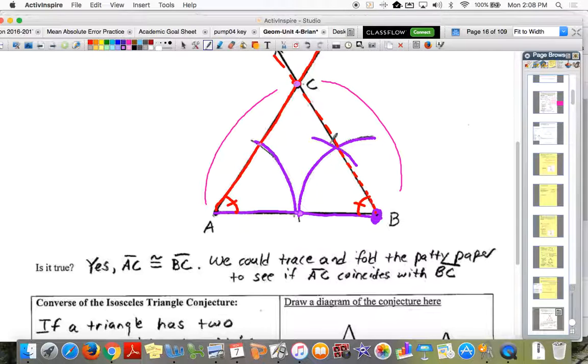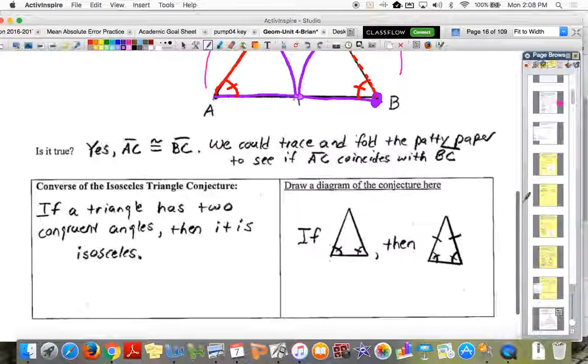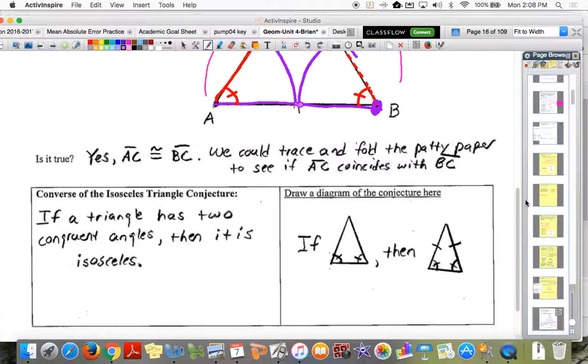All right. So we showed that in a couple different ways. Down here in the key I talked about how you could also use patty paper to show this as well. I think the construction with our compass works out pretty well. And so we're then going to state our third property for today, which is called the converse of the isosceles triangle conjecture.